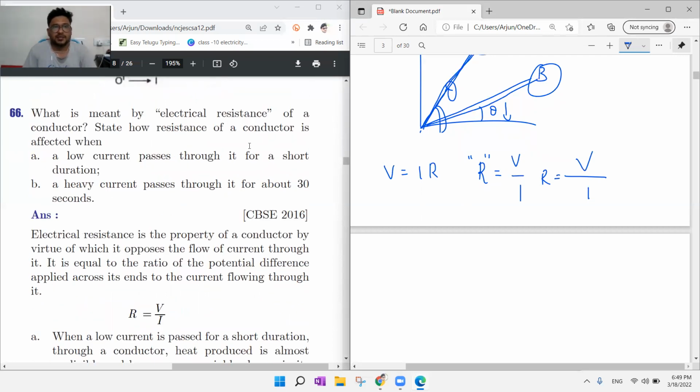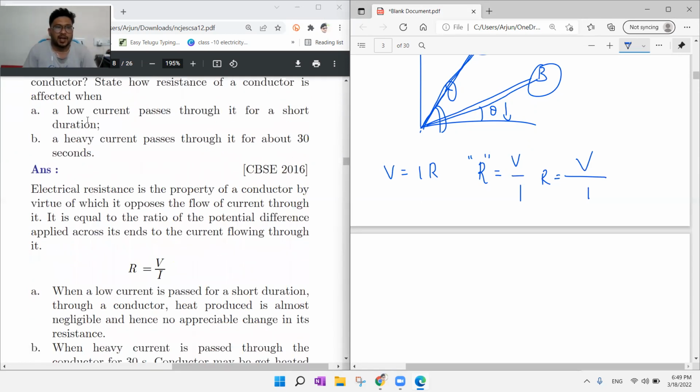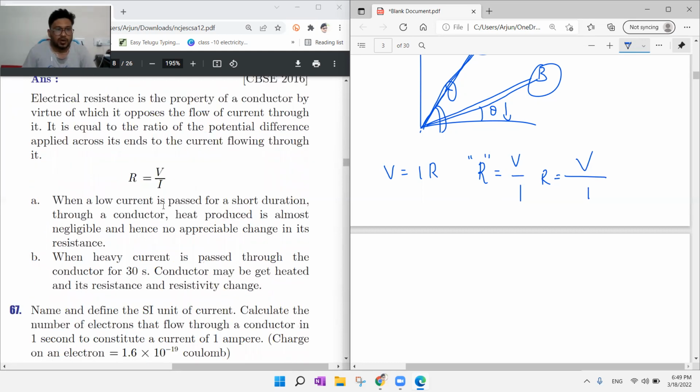State how the resistance of a conductor is affected when a low current passes through it for a short duration. Very short duration, 1 second, 2 seconds or 3 seconds, if low current is passed. Answer: when low current is passed for a short duration through the conductor, the heat produced is almost negligible, that is zero, and hence there is no appreciable change in its resistance.